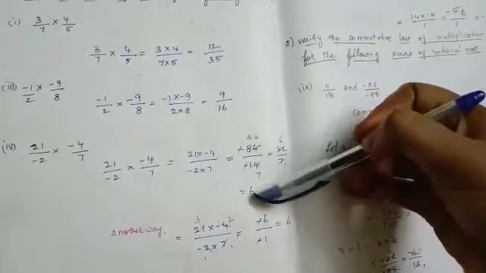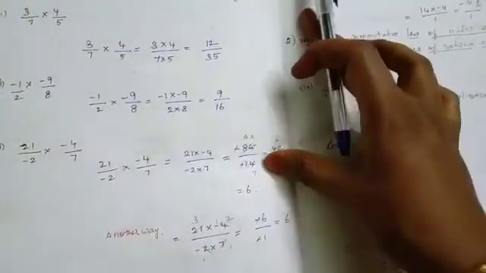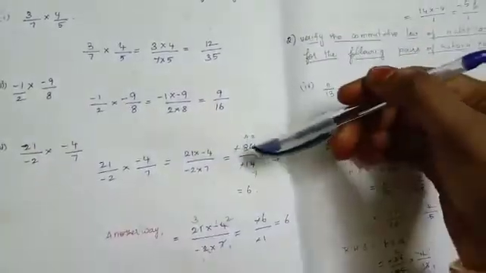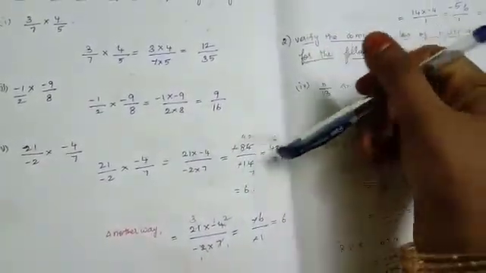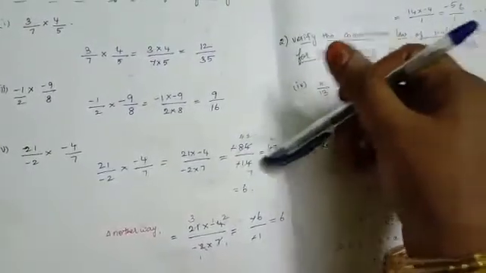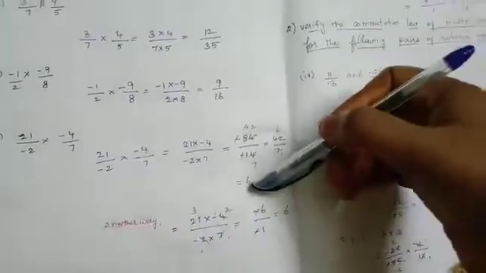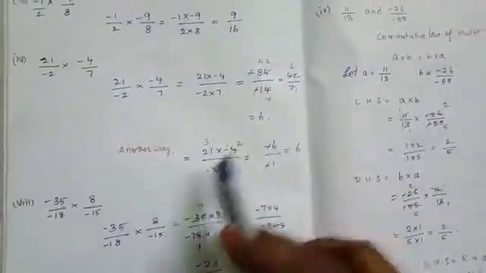So answer is 84 by 14, but 84 and 14 in 2 table you cancel that. 4 2s are 8, 4 2 times, 14 7 times. Again 42 by 7, common table is 7, so 7 table 7 1 time, 42 6 times. So answer is 6 only. 6 is one of the rational number only because the denominator is considered as 1.